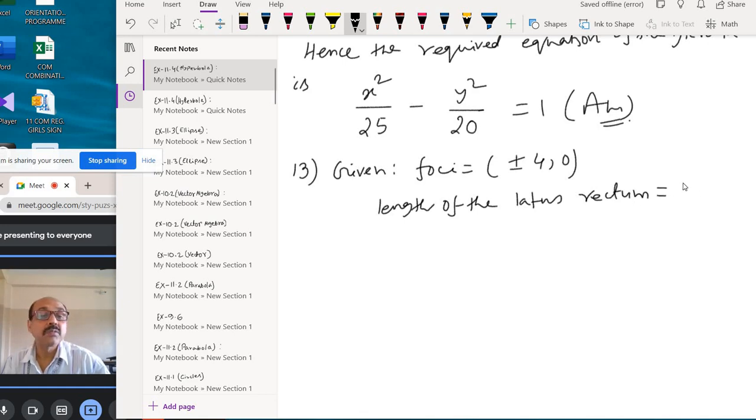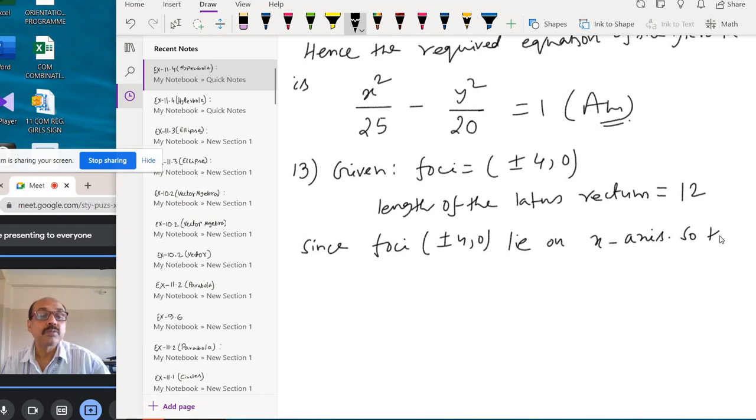Length of the latus rectum is 12, and the focus is plus minus 4, 0. Since the focus is plus minus 4, 0, the y coordinate is 0, so this lies on the x-axis.